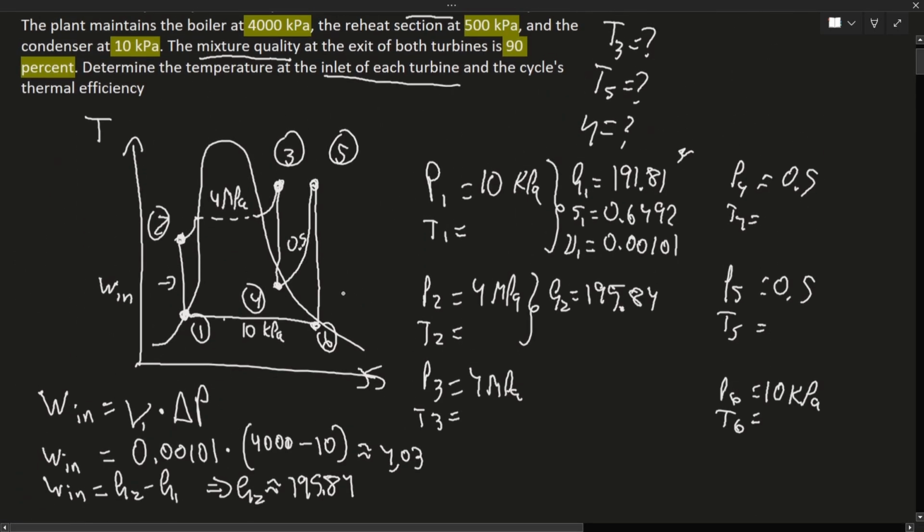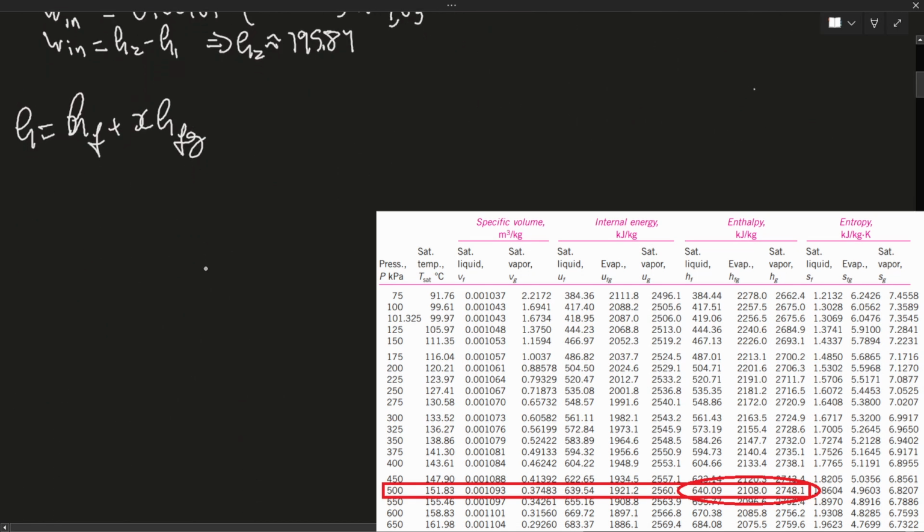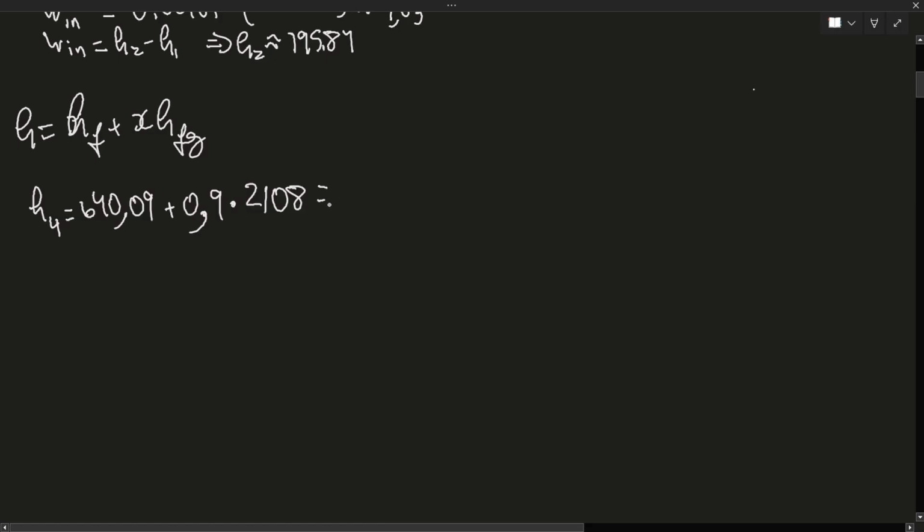So at point 4, we know that the pressure is 0.5, okay? So you check your tables again. You check the 0.5 and you just have to plug in the values, okay? The numbers right here. So I'm just going to write it out real quick. Evaluating these values, we get an H4 of about 2,537.29.